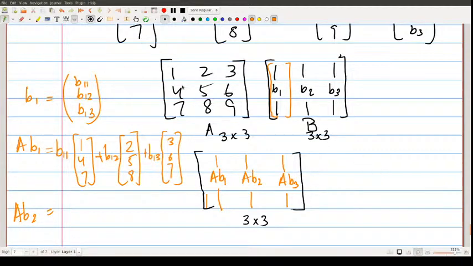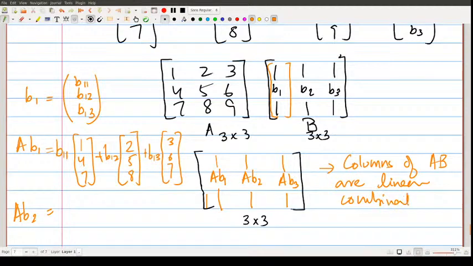So that's the first way. If this matrix was AB, then the columns of A times B are linear combinations of columns of A. Okay.